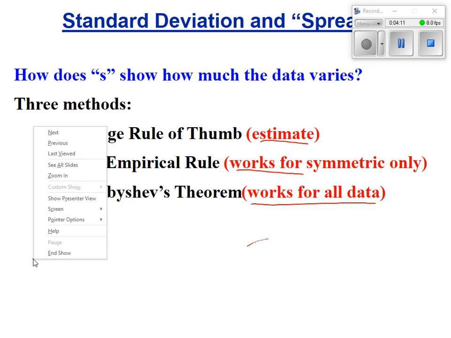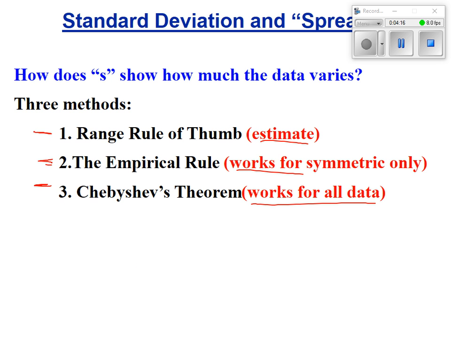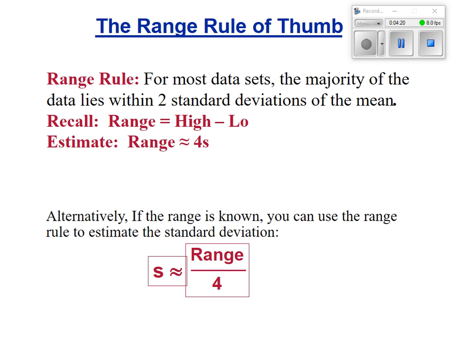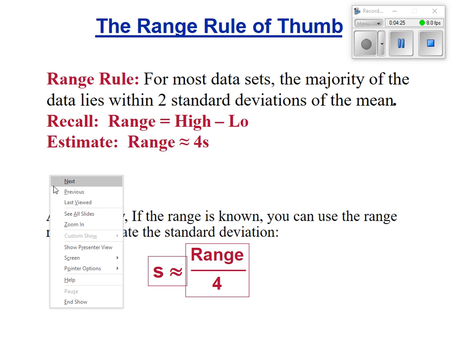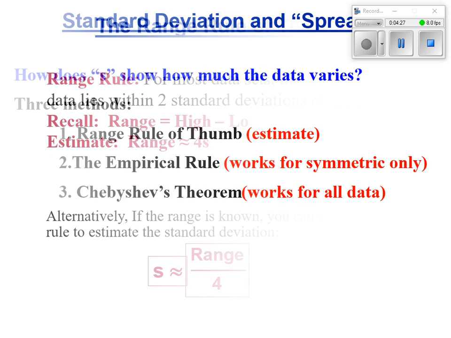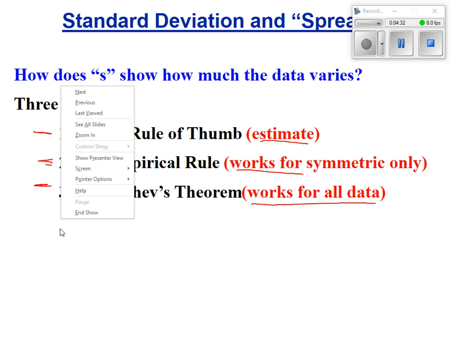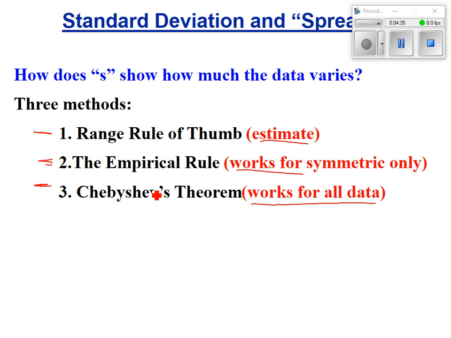The empirical rule is the one that we're going to use most of the year, but it only works if the data is symmetric.